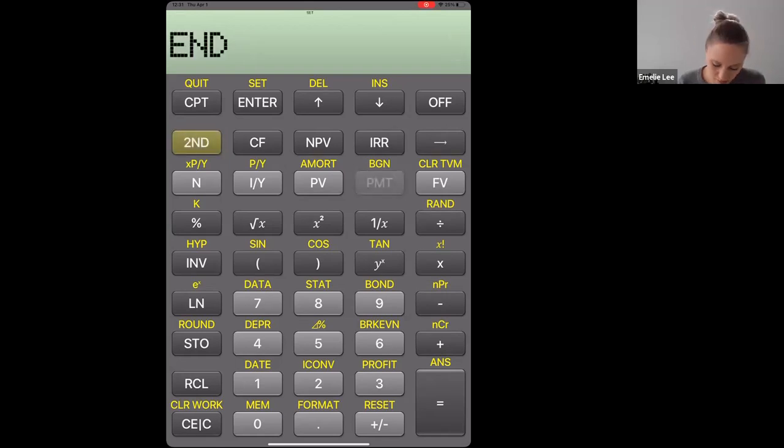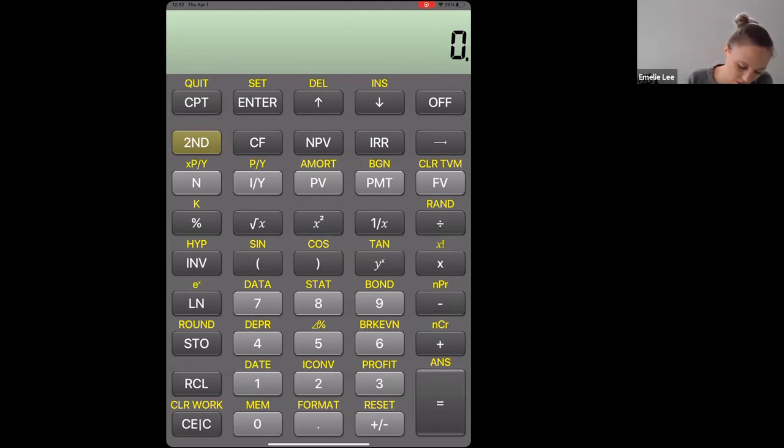So second, begin, it's at the end, and you can hit second set to go to begin, but we don't want that. So second set again, to make it at the end. Until you change it, it's just going to stay at the end. So just leave it at the end until you need to change it. Second quit to get out of that menu. And now I'm ready to compute the future value.